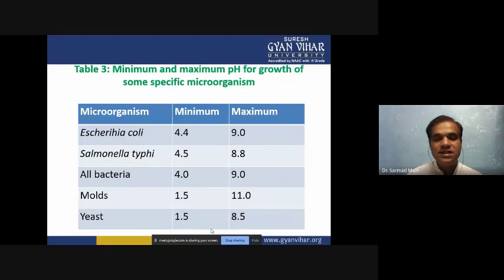Yeast can grow at 1.5 to 8.5. So the suitable pH is 4 to 9. If the food material has pH 4 to 9, most bacteria, molds, and yeasts can grow easily on it.